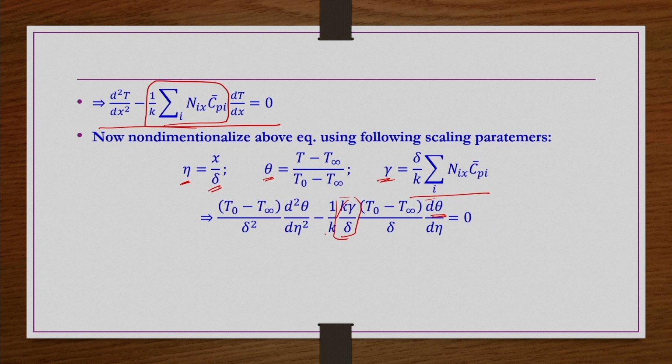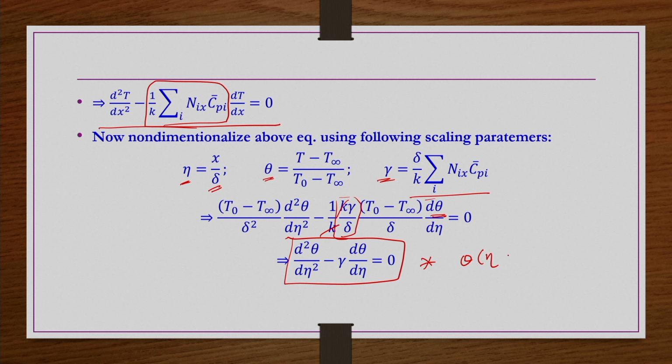Here the k is cancelled out anyway. Multiplying both sides by δ²/(T0 − T∞), you get the equation d²θ/dη² − γ dθ/dη equals 0.